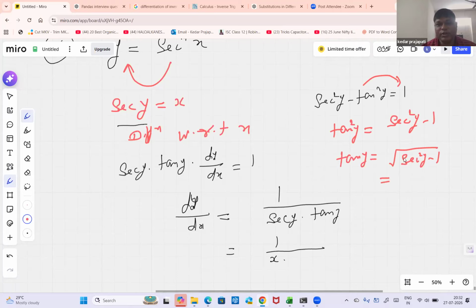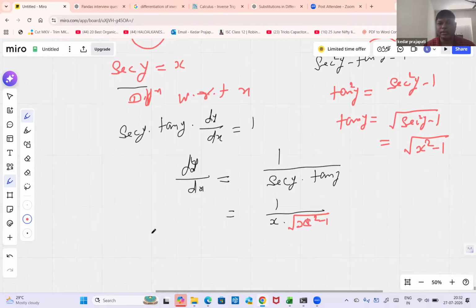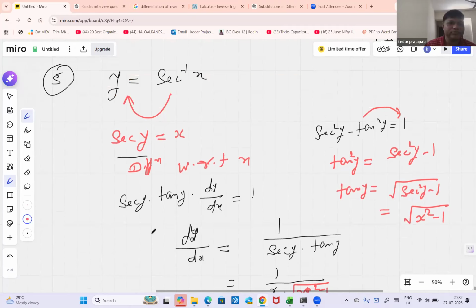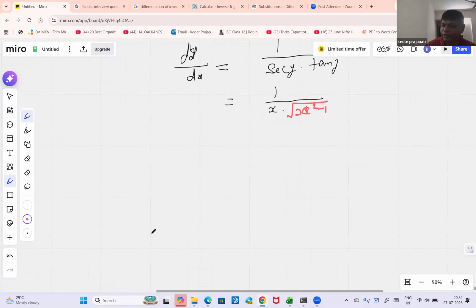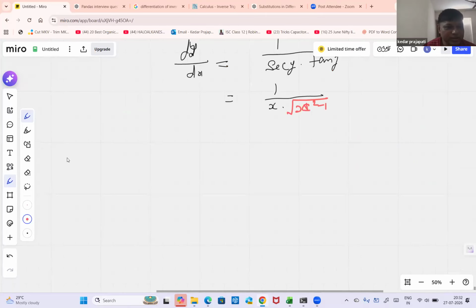This you can write as root over x square minus 1. This is what I wrote, correct? Clear, right? Now let us do the last one. It's very easy. If you go with the process, things are very easy.